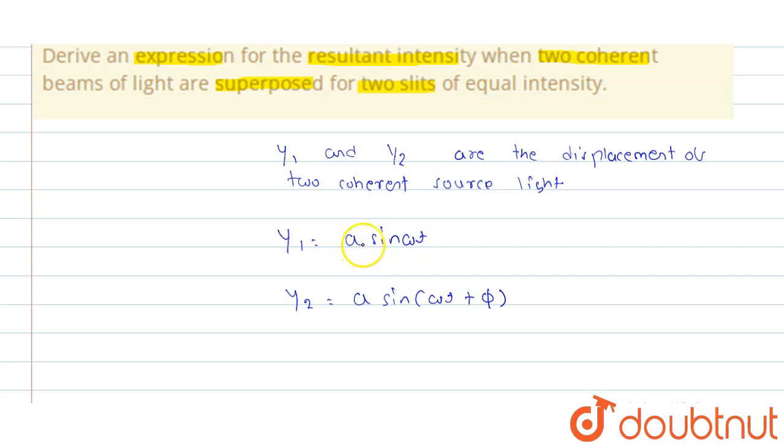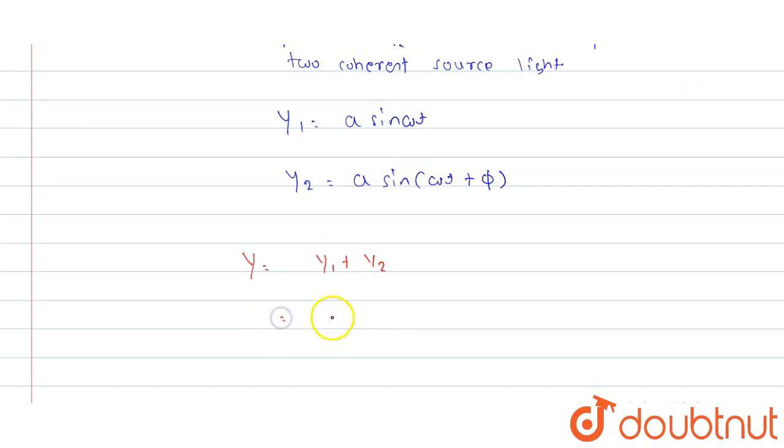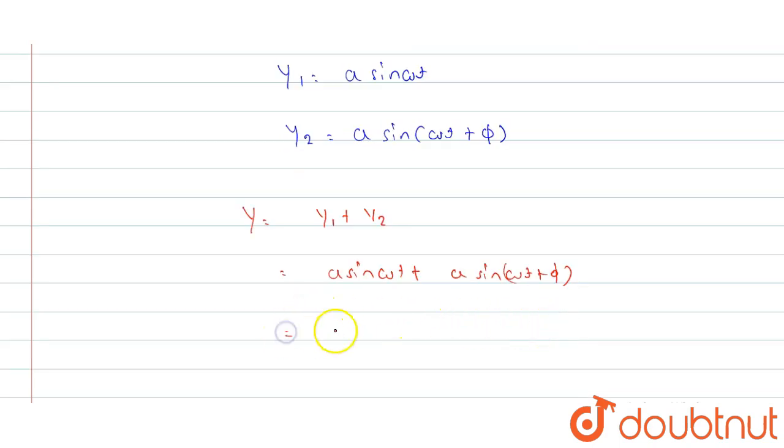Now students, when the two coherent waves superpose, the resultant wave will be y is equal to y1 plus y2. So this is A sine omega t plus A sine of omega t plus phi. Now this can be written as A sine omega t plus A sine omega t multiplied by cos of phi plus A cos omega t into sine of phi.